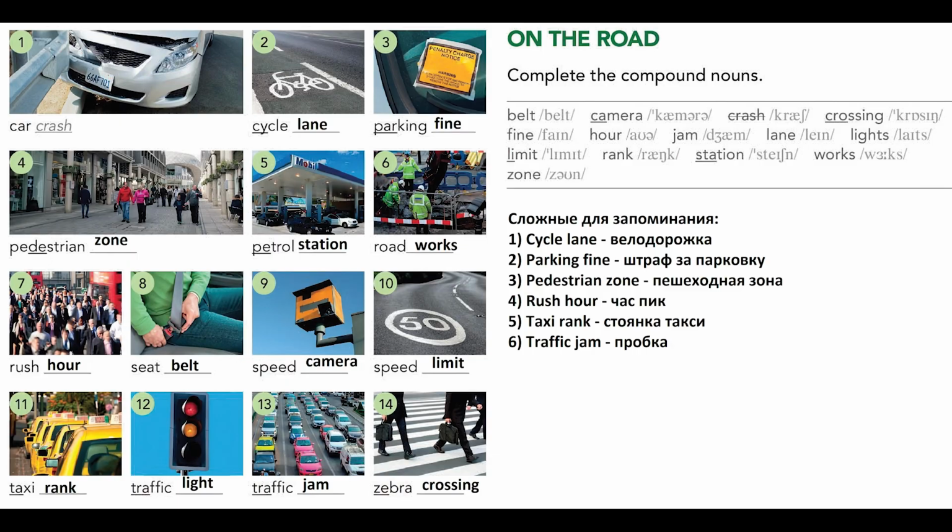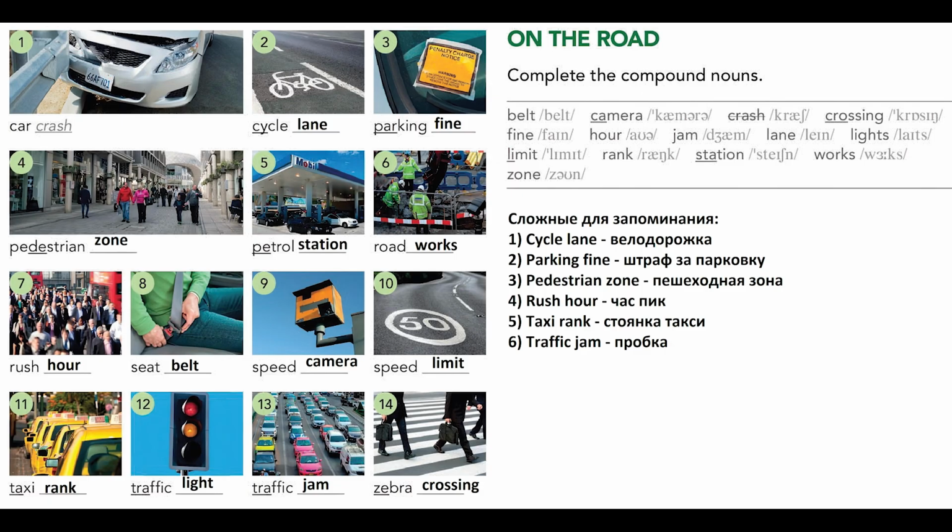Three point three. 2. On the road. 1. Car crash. 2. Cycle lane. 3. Parking fine. 4. Pedestrian zone. 5. Petrol station. 6. Roadworks. 7.